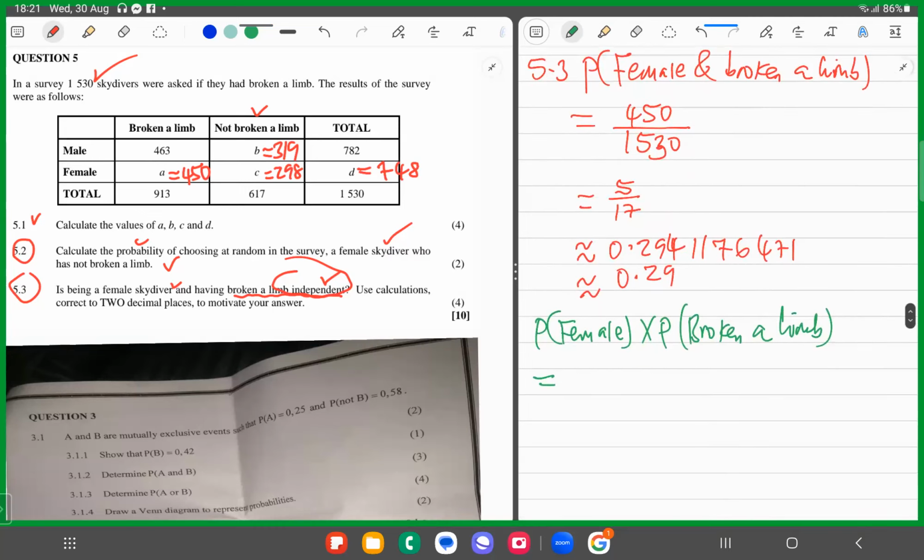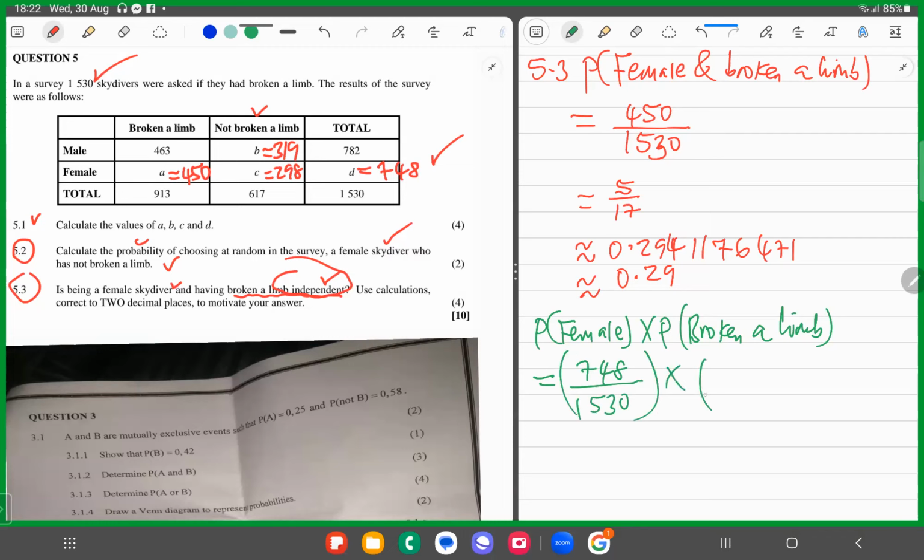So what is the probability of female? You take the total for the female, which is 748, and divide by the total, 1530.